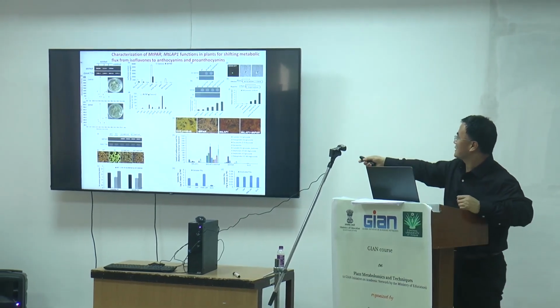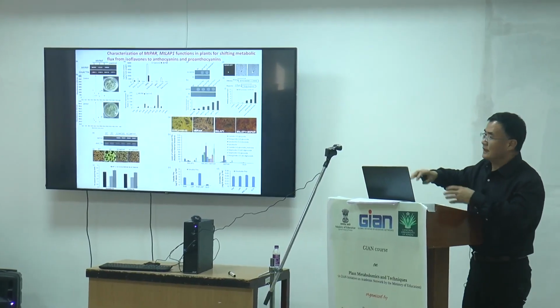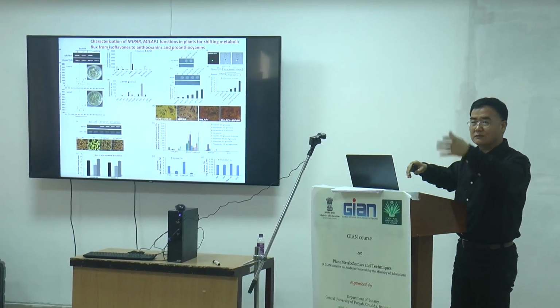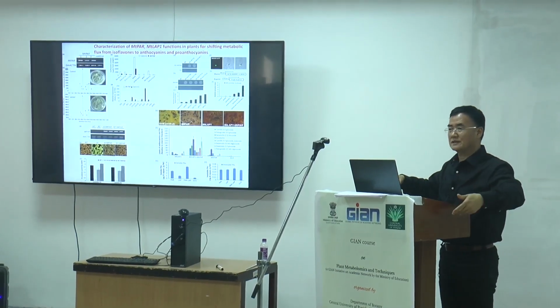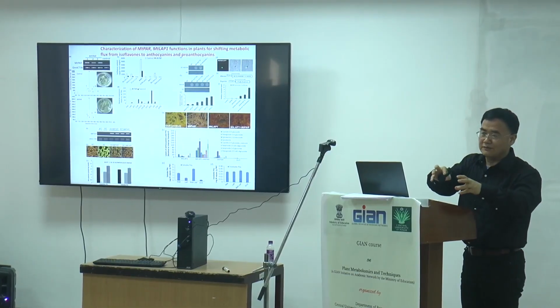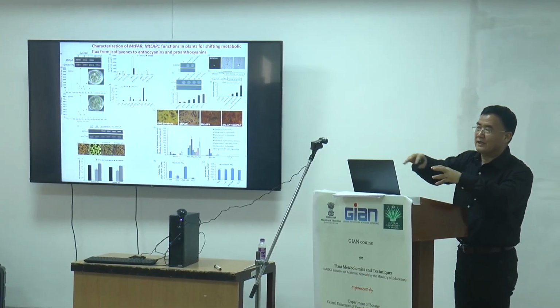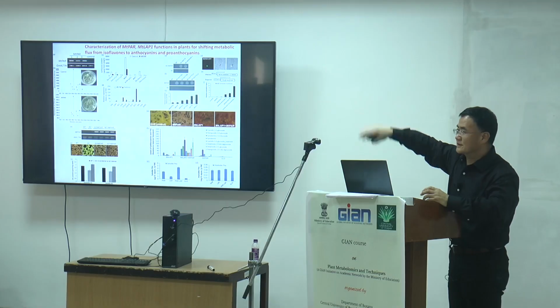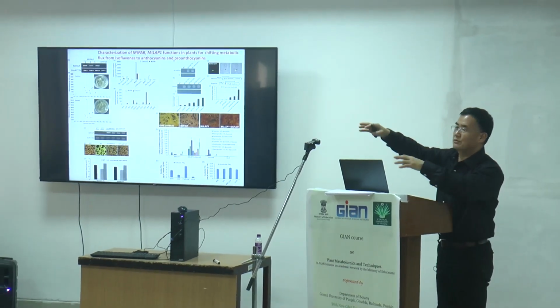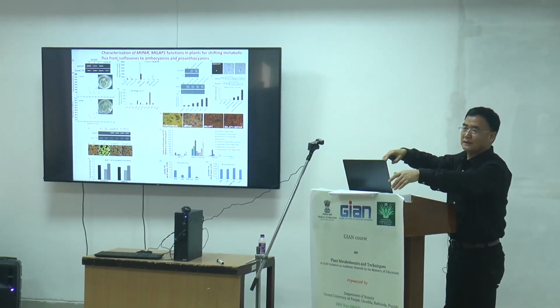When we overexpress MtPAR, the anthocyanin increases and epicatechin increases. However, isoflavone was repressed. So this means this transcription factor specifically upregulates the anthocyanin and the proanthocyanidin epicatechin pathway, but represses the isoflavone pathway.